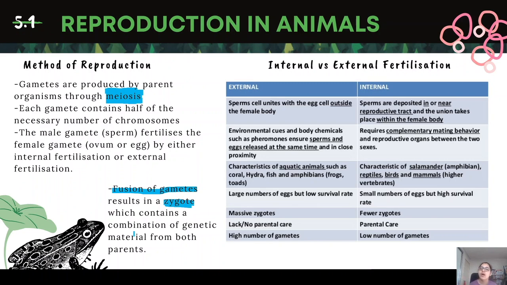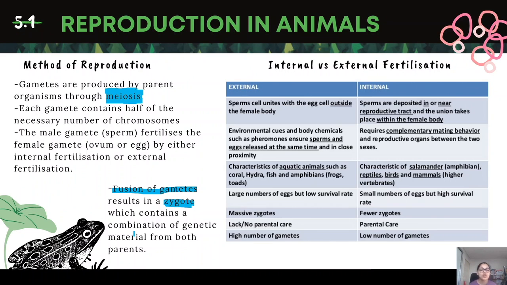There will be environmental cues and body chemicals such as pheromones, which ensure that the sperm and the eggs are released at the same time and in close proximity. This is a characteristic of aquatic animals, because you need an aquatic environment for this to happen.